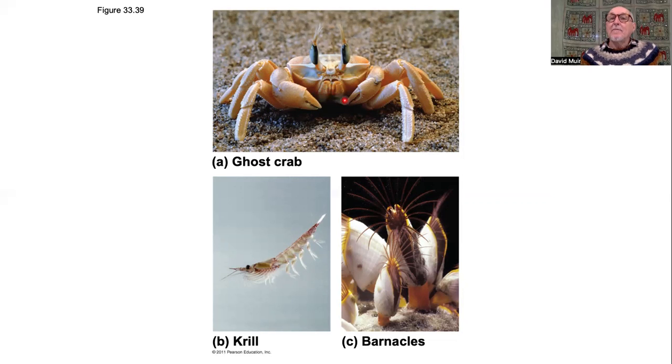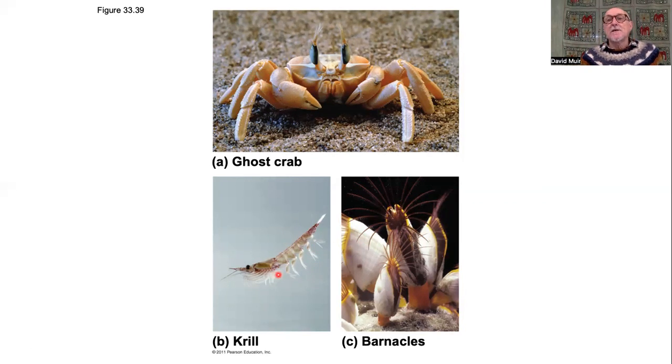And the mouth, have a look here and you'll see these are mouth parts. They have a number of different mouth parts which are also modified limbs. So this is a fairly primitive condition. Although they're more advanced than things like the trilobites, they're still showing a relatively primitive condition.